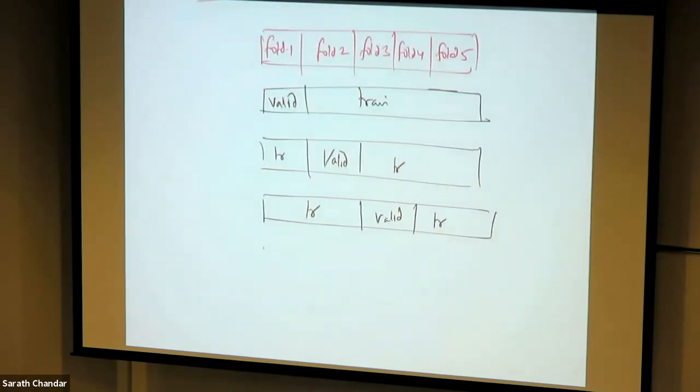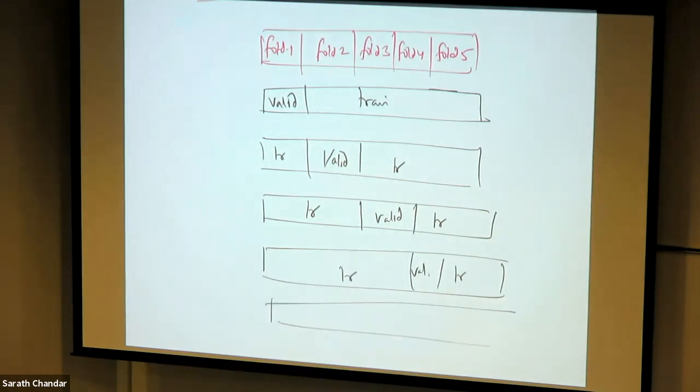In the fourth fold, this is valid and the rest is train. And finally, this is valid and the rest is train. Now I get 5 validation performance numbers, and I can average these 5.